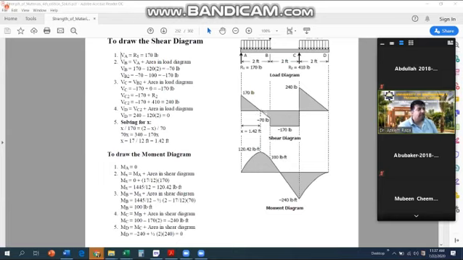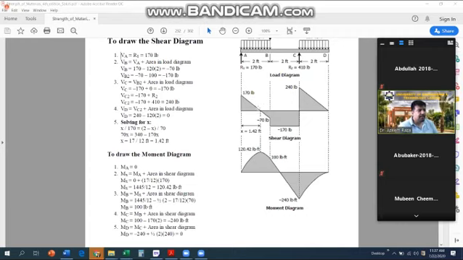So we must find this point as well, because this would be a point of maximum bending moment. Again, just like the previous one, we can compute it using simple principles. Suppose this distance is x, then this distance will be 2 minus x, because the distance between A and B is 2.